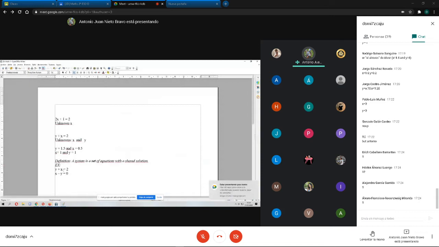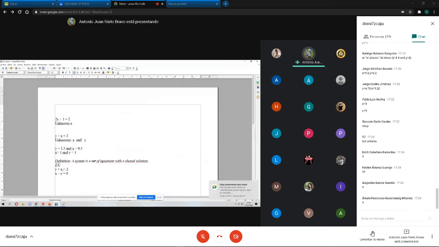To solve a system, we have several steps to do. First, prepare every equation. This means to have every equation ordered. I will put an example now, okay? That's the first step. Second, apply a method.